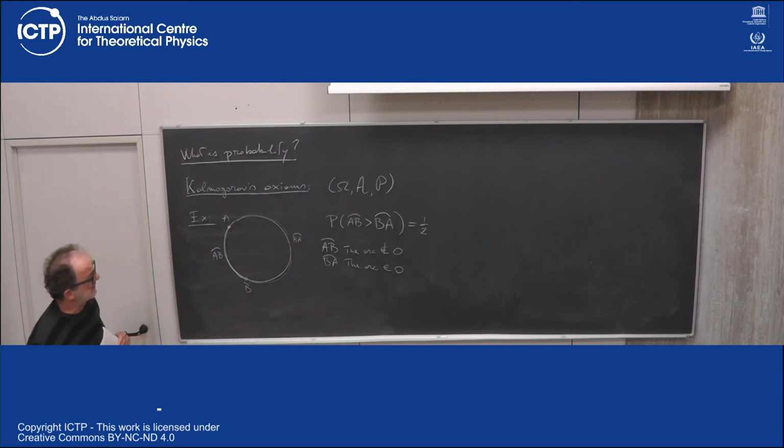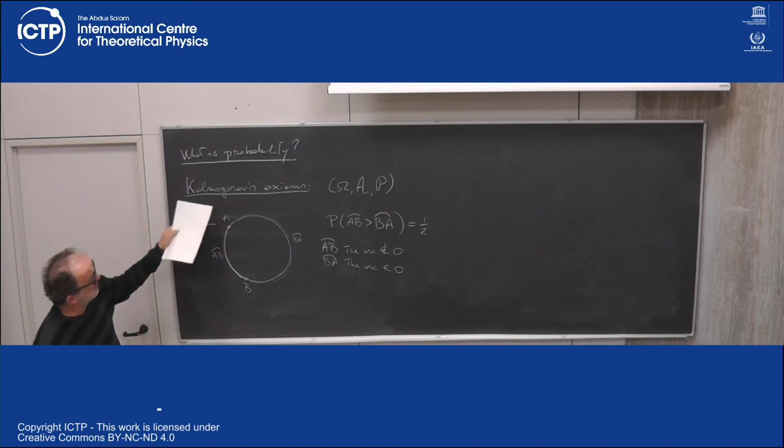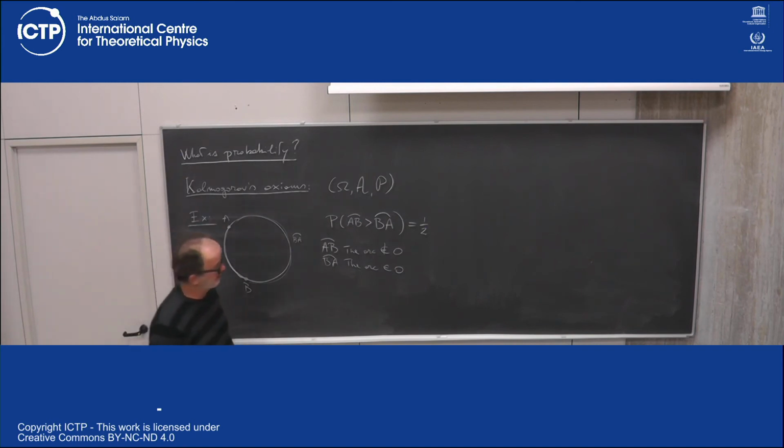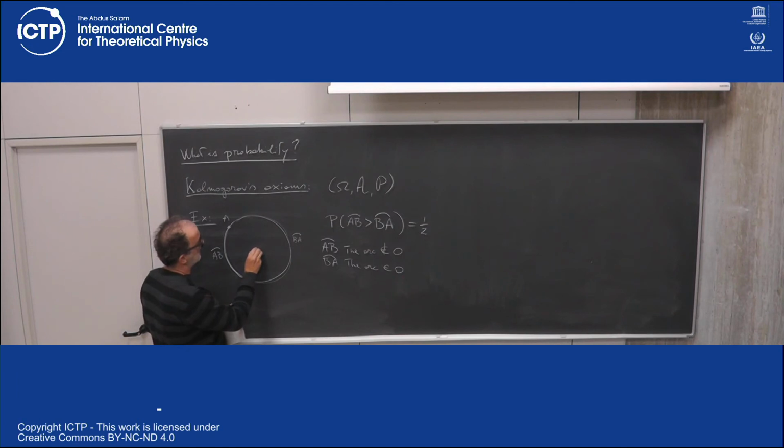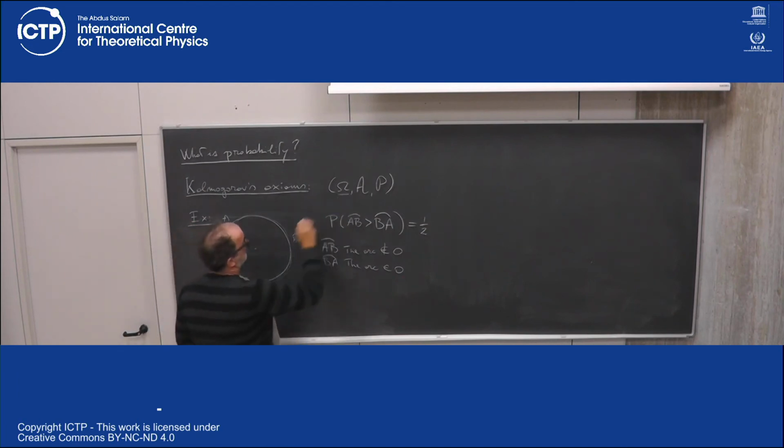Okay, but now what you can do is use Kolmogorov axioms and ask yourself how do I check this result here? So the first thing that we have to do is to define omega.